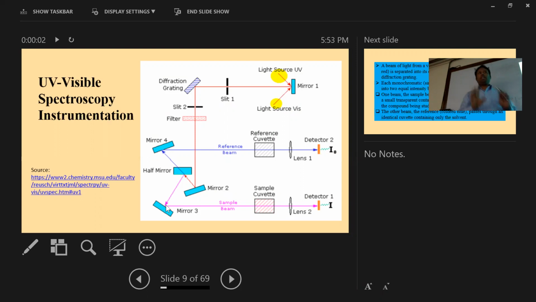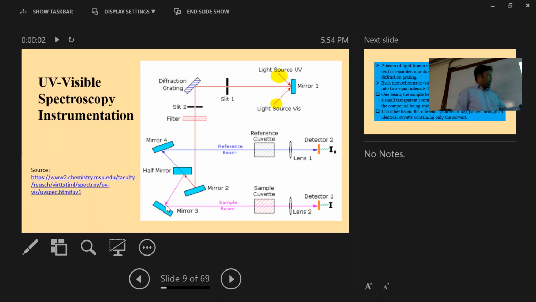When we call it a mirror, you consider that the light is reflected 100%. Even 99.9% is considered 100%. Exactly the same, only this mirror will reflect 50% and transmit 50%. So this mirror is 100%, this is 100%, and even the grating, whatever, consider 100%.